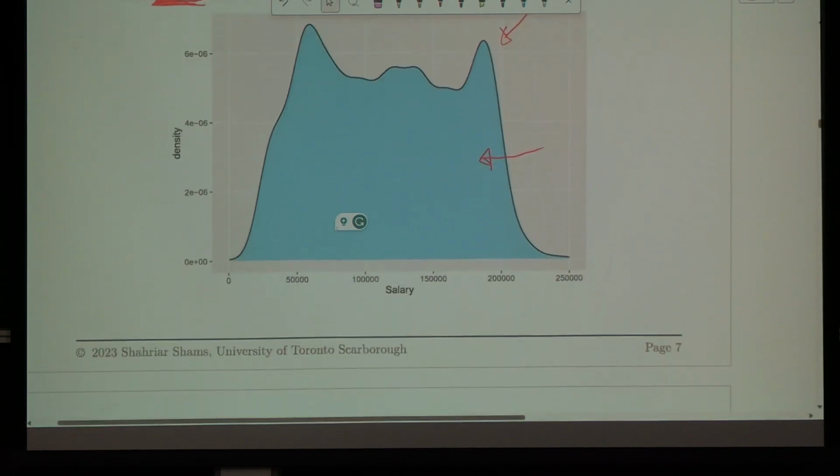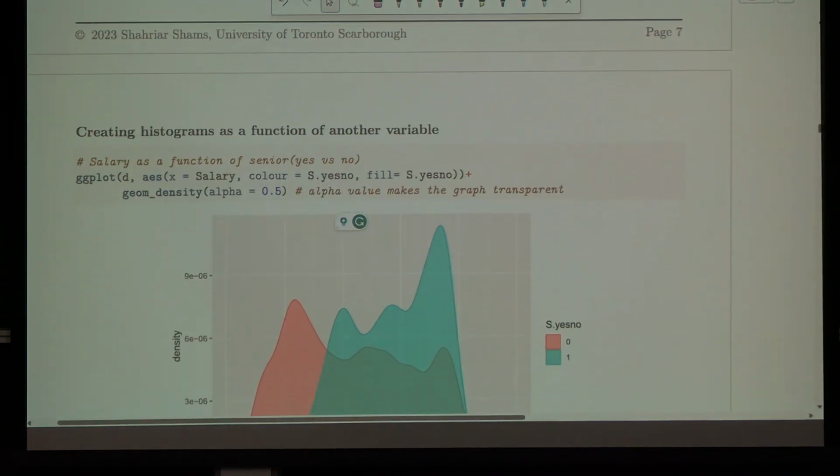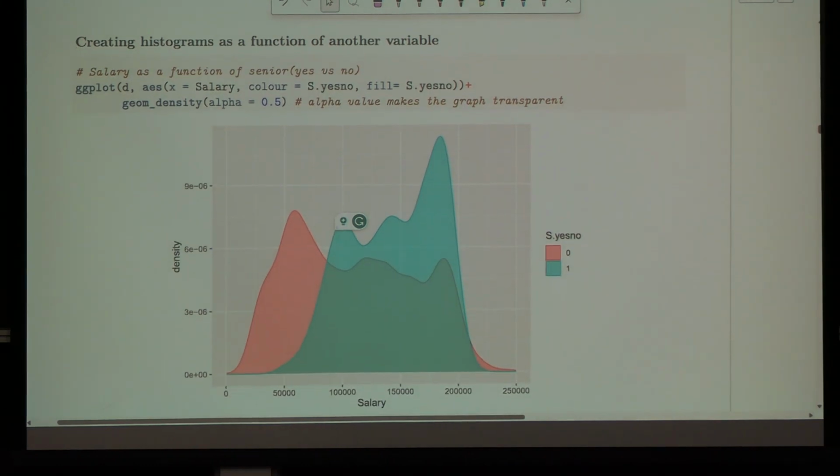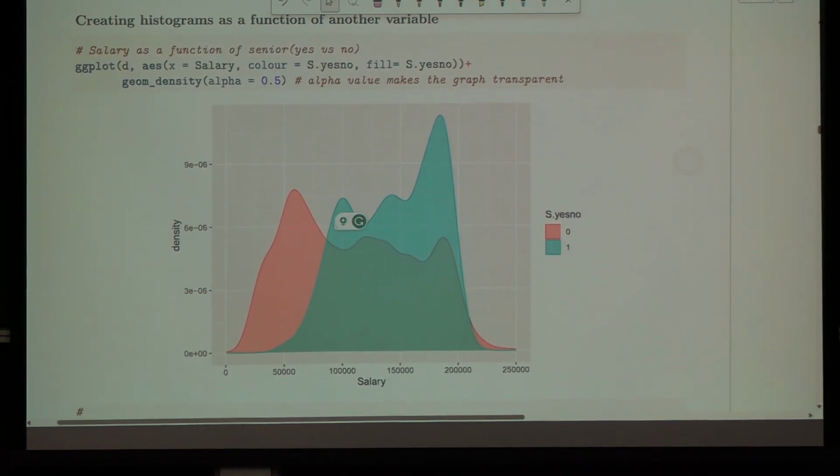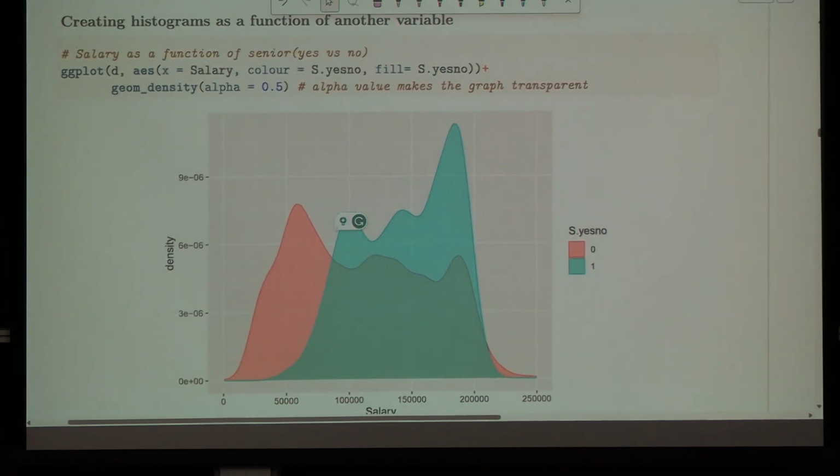So the next line that I have for you, maybe I'll allow you to read the code and then tell us what it is doing. Instead of looking at the output, just looking at the input itself. So still I'm creating a ggplot based on the data set D. And this time, in terms of the parameters, I'm saying, hey, salary is going to be the x-axis.